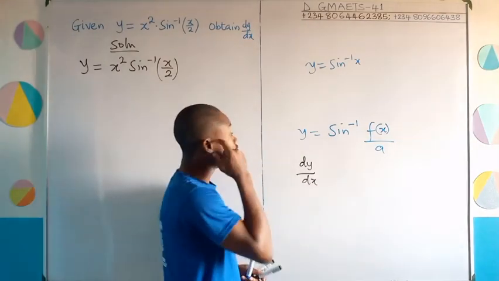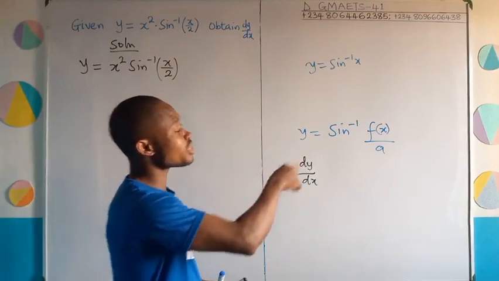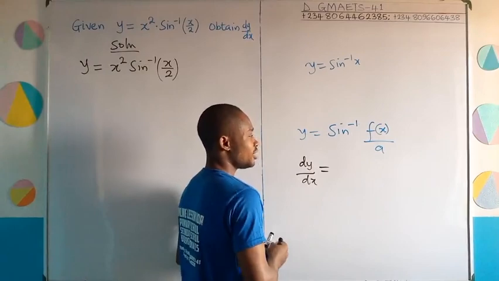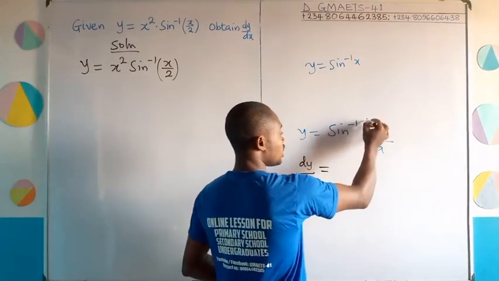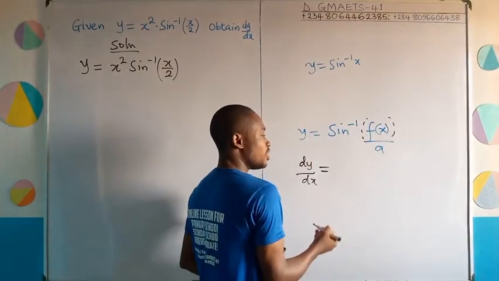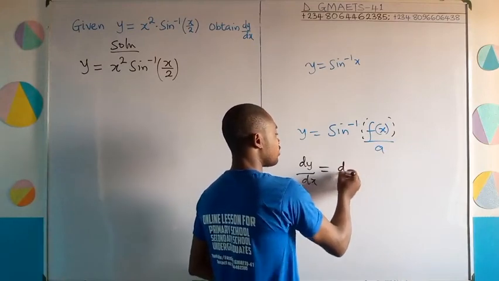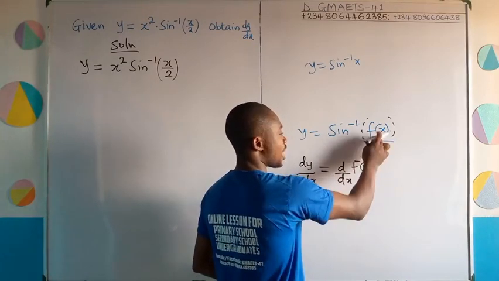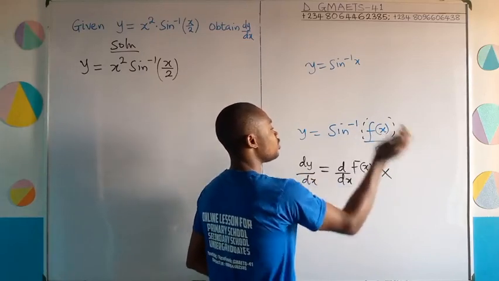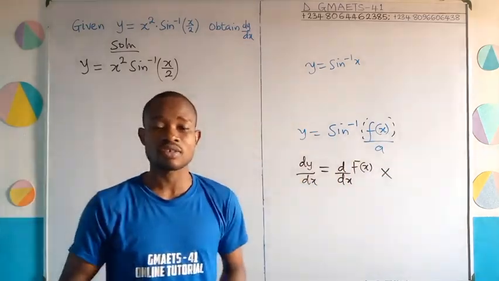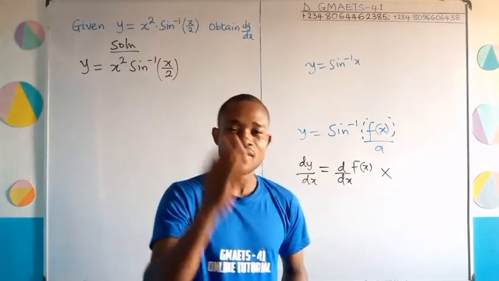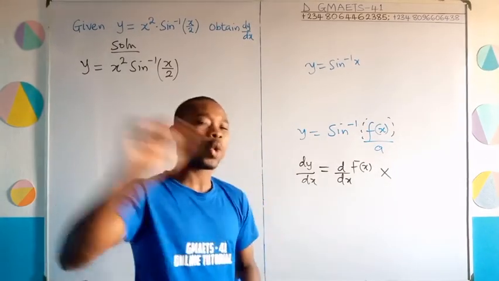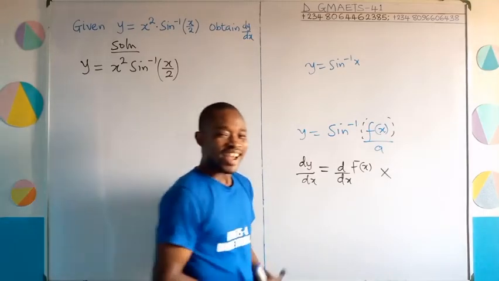And so I want to show you the standard derivative of sine inverse of f of x divided by a. dy dx there is equal to: you differentiate this f of x with respect to x, then multiplied by the derivative of sine inverse, which is 1 over square root of something. And what is that?